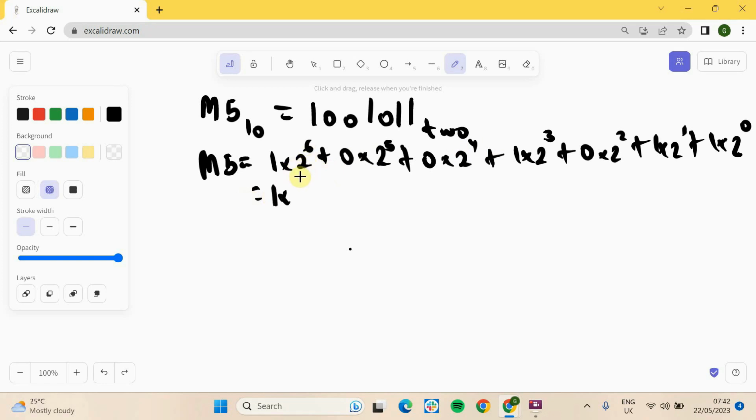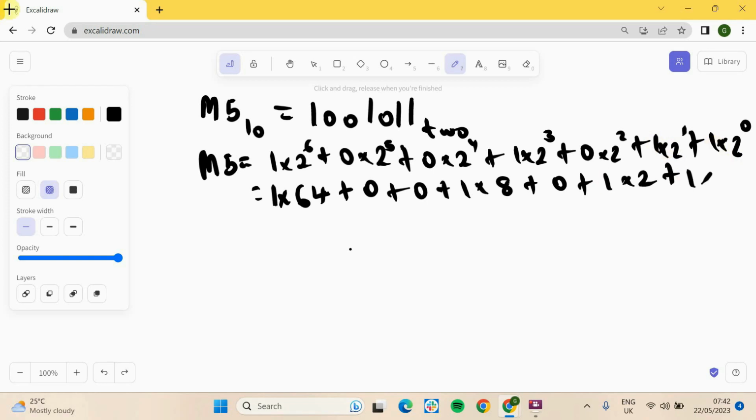What is 2 raised to the power 6? 2 raised to the power 5 is 32. Right, so 2 raised to the power 6 is 64, right? So 1 times 64 plus anything multiplying by 0 is going to be 0 plus 0 plus 1 times 2 raised to the power 3. 2 raised to the power 3 is 8 plus 0 plus 1 times 2 raised to the power 1 is 1 times 2 plus 1 times 2 raised to the power 0 is 1, right? So if I simplify this, 1 times 64 is 64.